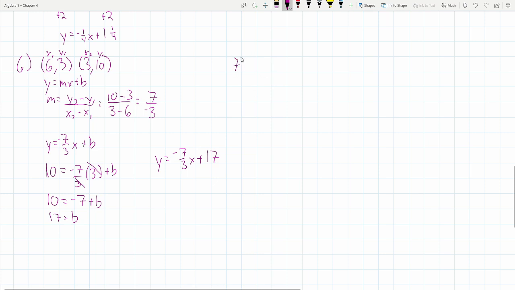Let's go to number 7. Number 7 says 5 comma negative 4, 15 comma 2. Let's do this in point slope form. So y minus y1 equals m times x minus x1.